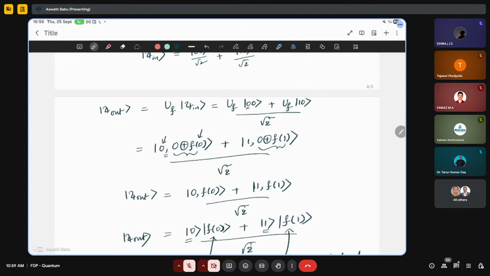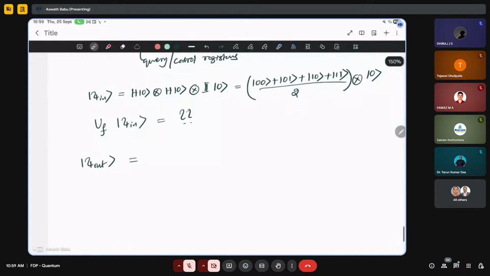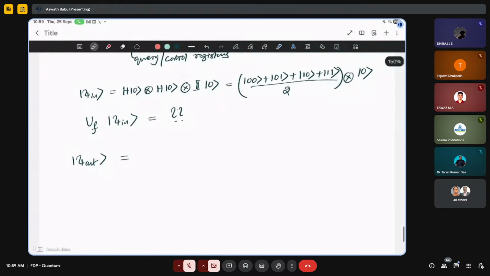So let's write it explicitly. Here the control is 0,0, so the target is 0 plus f of 0,0. That is one entry.